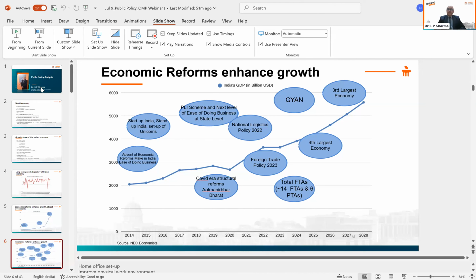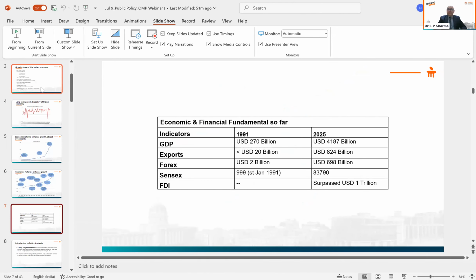With the effect of all these reforms, now we are moving ahead to become the third largest economy and a developed economy by 2047. And so far, we have 14 FTAs and 6 PTAs in our kitty. Recently, we have signed free trade agreements with Australia, UAE, and more recently with the UK.